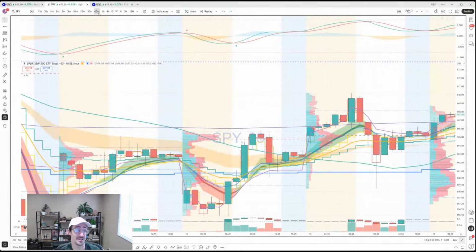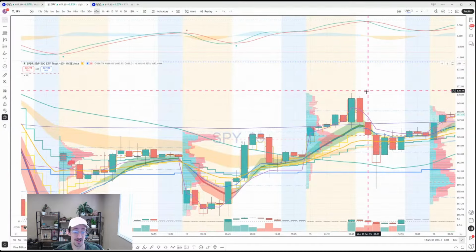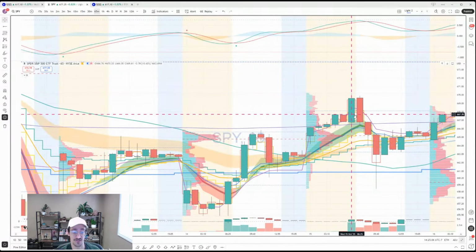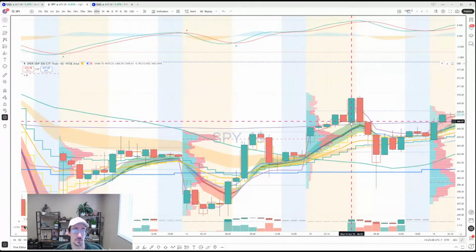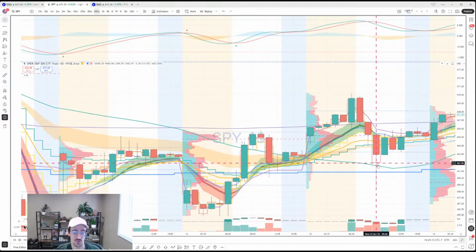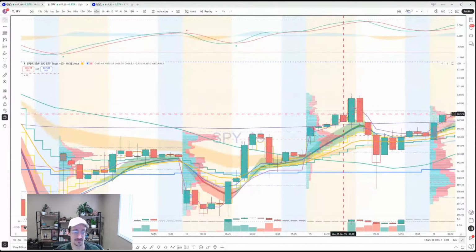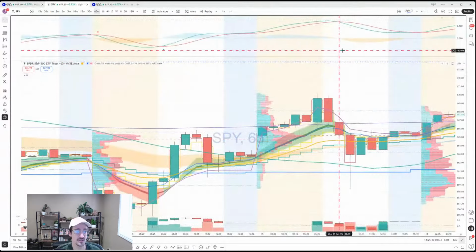If I use my handy dandy 65-minute candles, then this one opens at 625, so this one closes at 625. So essentially, you get the nice clean division of what's happening pre-market and what's happening cash session.